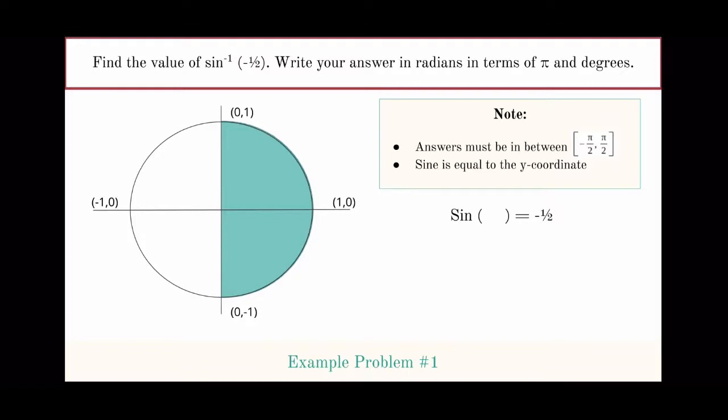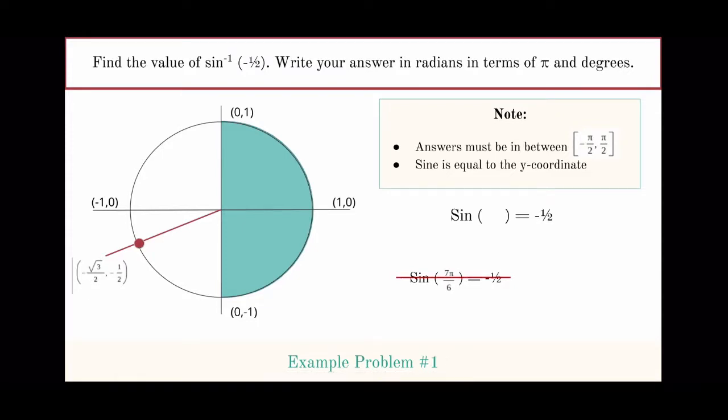Being that y is negative, that would mean that the answer would either be in quadrants 3 or 4. 7 pi over 6 is a possible answer because it gives us the y coordinate of negative 1/2. However, it is not in the highlighted blue area, so we can cross it out.